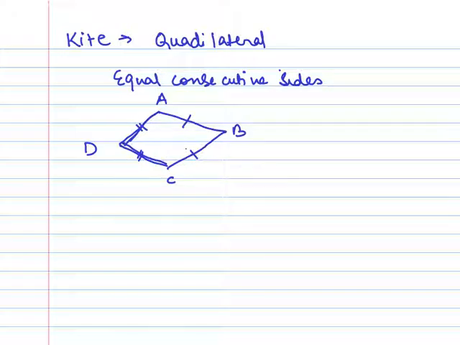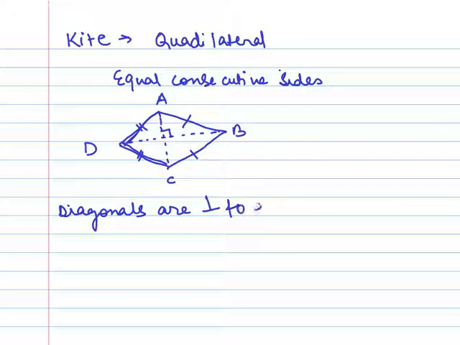One property of a kite is that the diagonals, sorry, not bisect each other, they are perpendicular to each other. So diagonals of a kite are perpendicular.